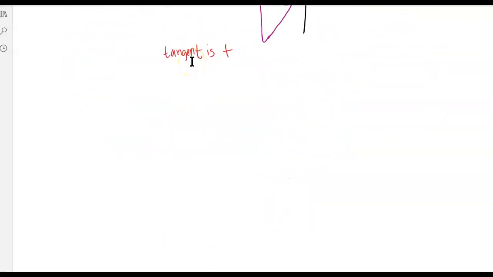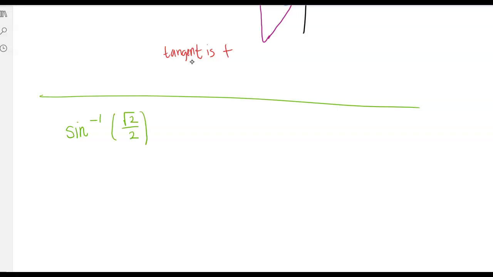Okay, let's do one more. Suppose that we want to find sine inverse of square root 2 over 2. This is asking us what angles have a sine of square root 2 over 2.